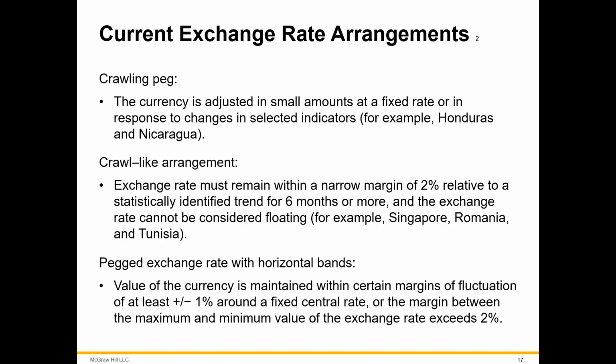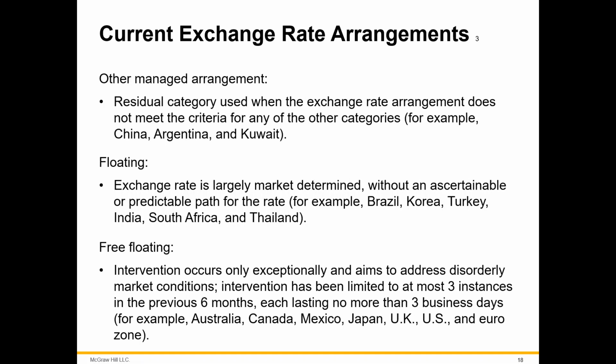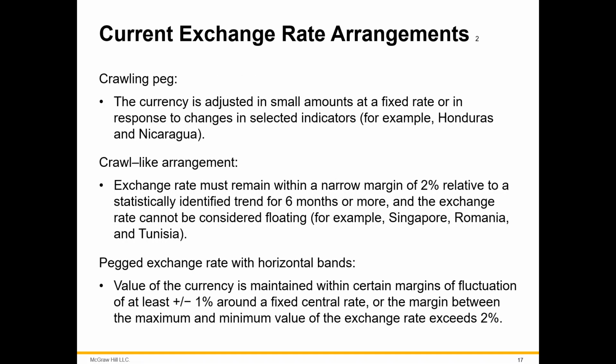The next one is a pegged exchange rate with horizontal bands. So the value of the currency is maintained within a certain margin of fluctuation, and so right, the value fluctuates within the band, and that fixed central rate is set.